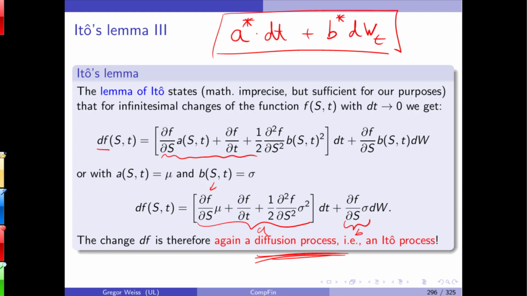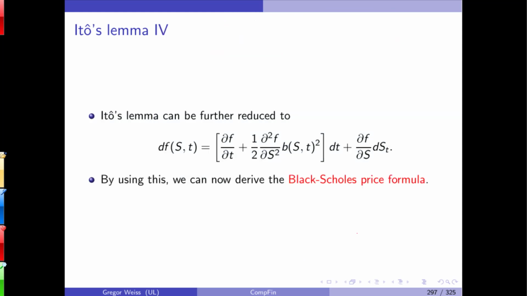But the interpretation is quite simple. If you have a diffusion process, S, and you have a function f that depends on S, the change in any function in S is again a diffusion process. Different drift, different diffusion, but still the basic form is the same. It's a diffusion process, only with different parameters. And we'll need this later on.